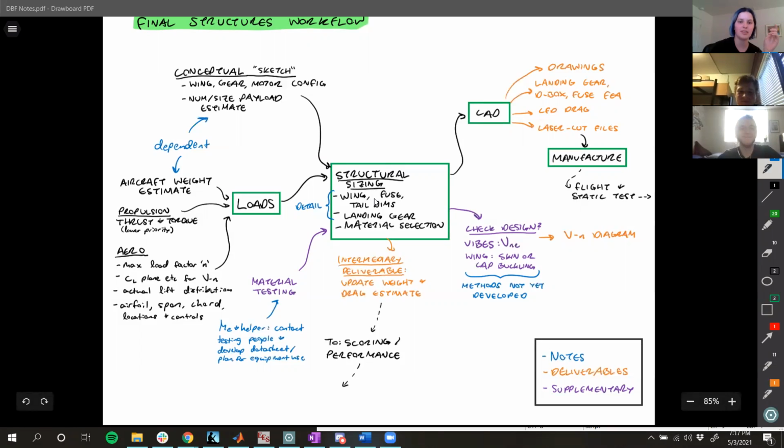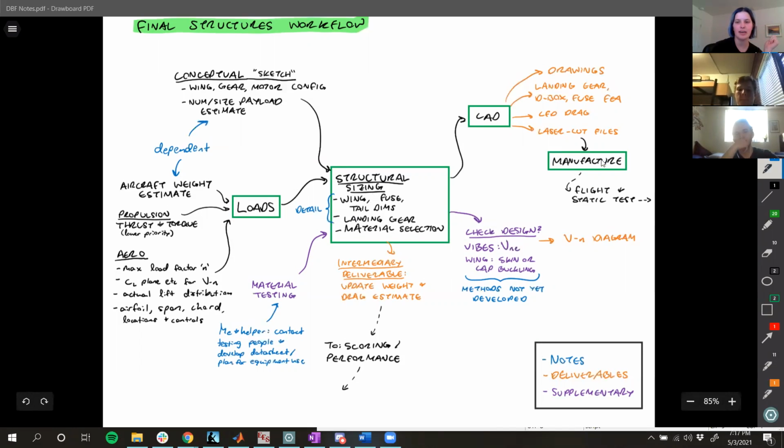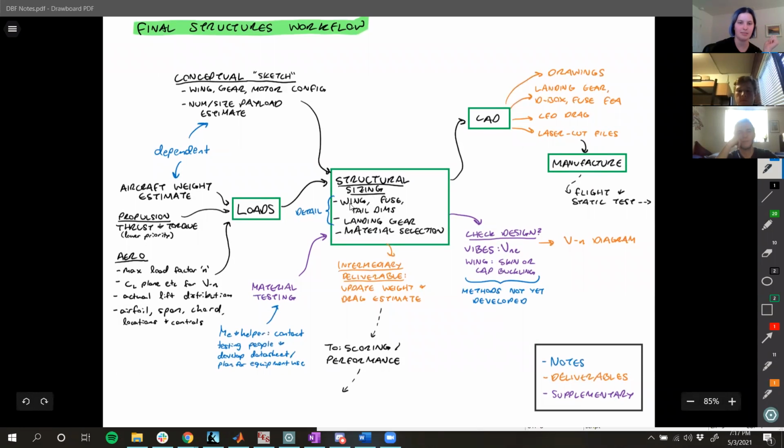So what we're usually going to start with is the wing. I don't know how much of this is obvious, but anyway, there exists this workflow.